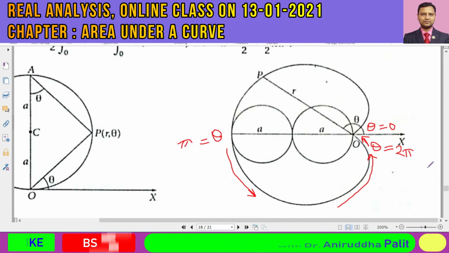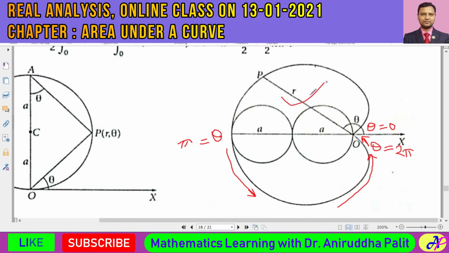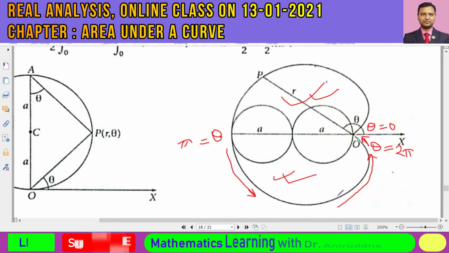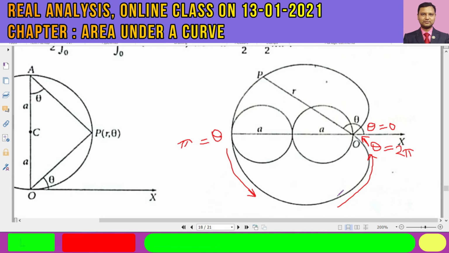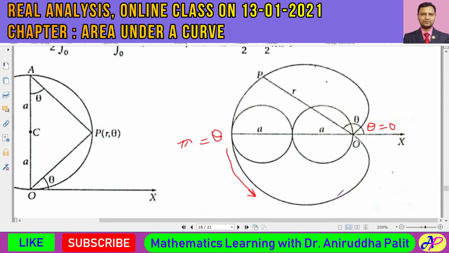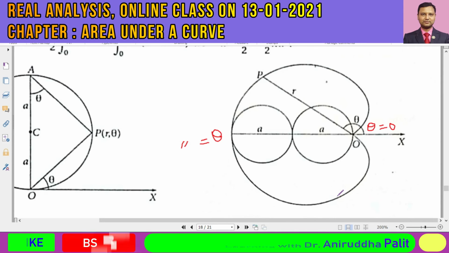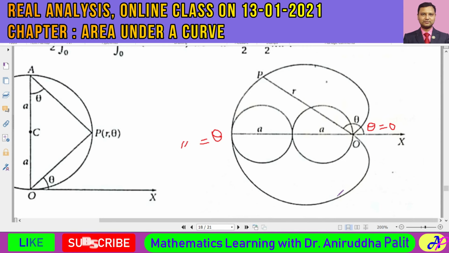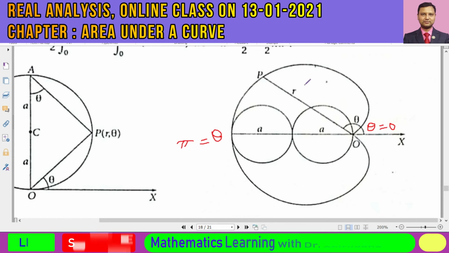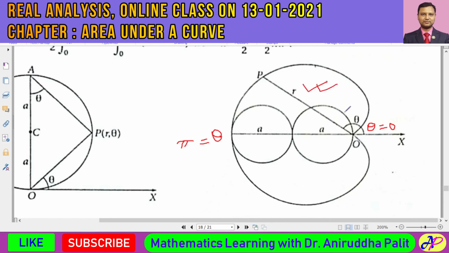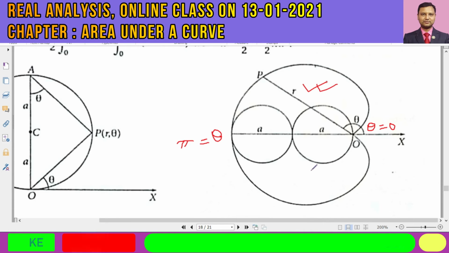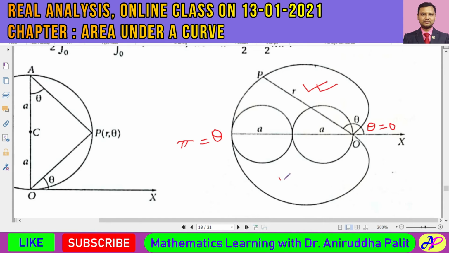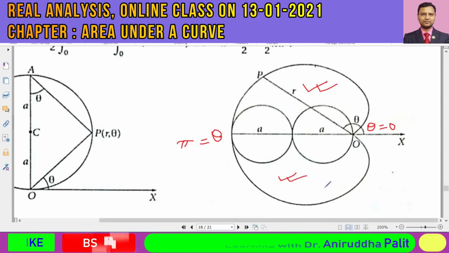The area of this upper region and the area of this lower region are both the same. That's why if we want to compute the area under this curve, we firstly compute the area of this upper region, because the area of the upper region and the area of the lower region are same.